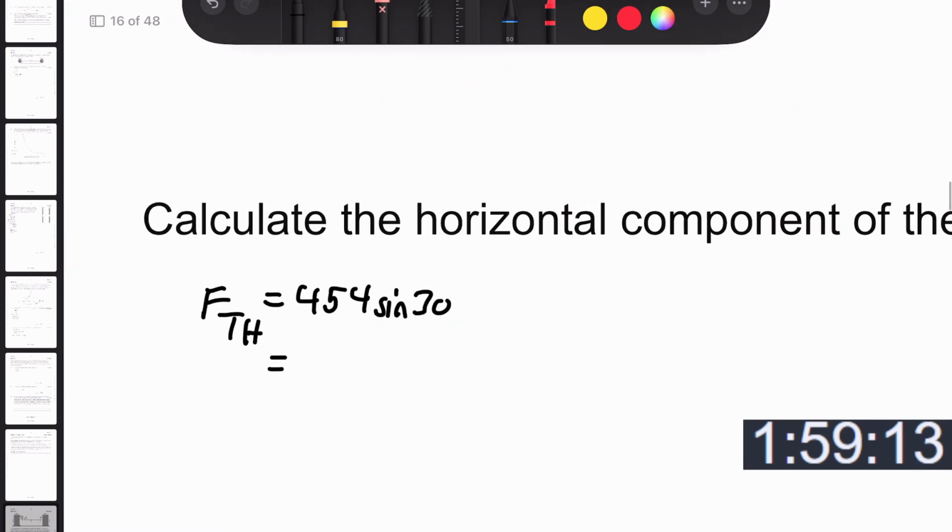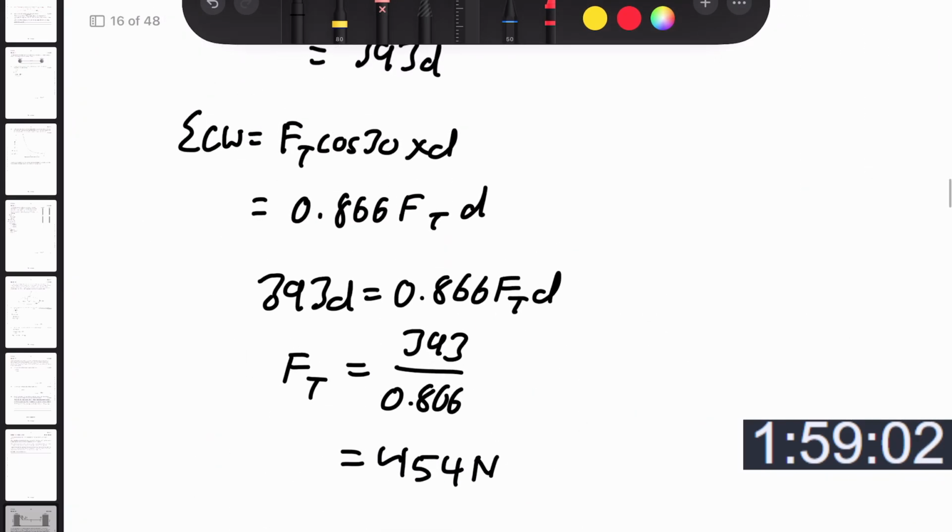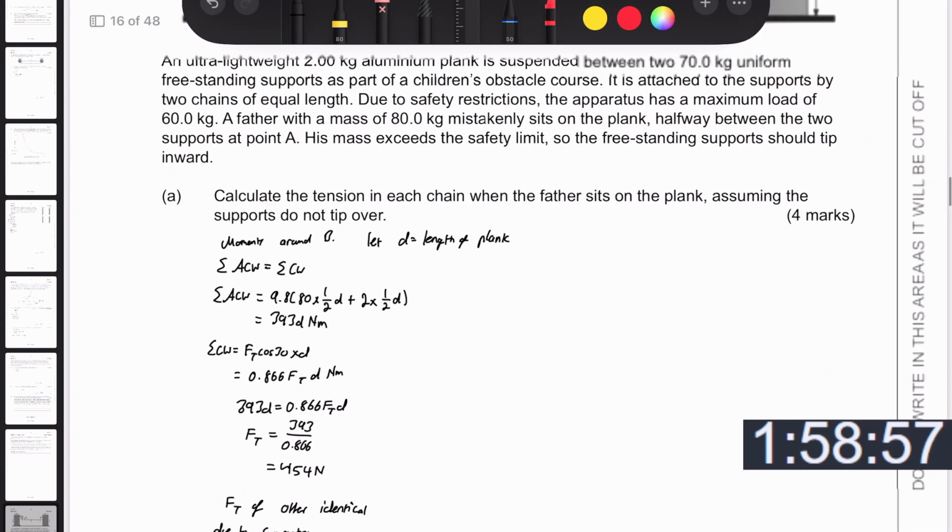Yep, 454 cosine of 30, I mean sine of 30, sorry, is 227 newtons. Meters.